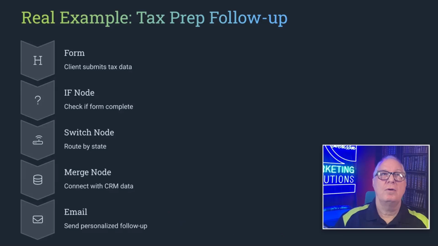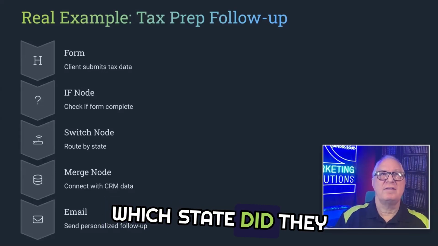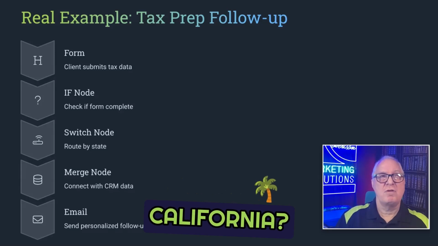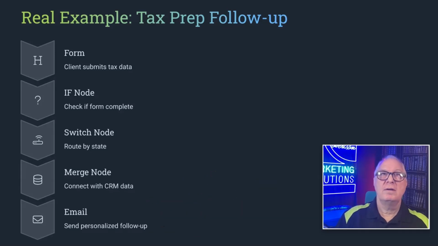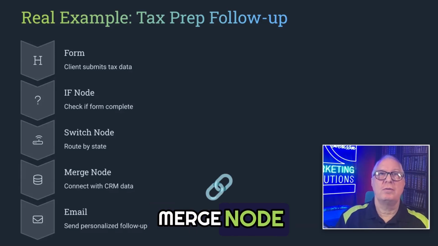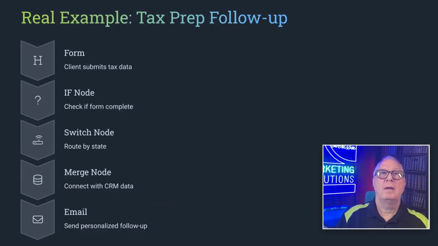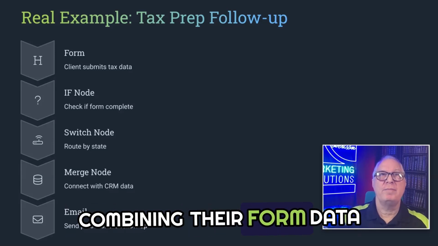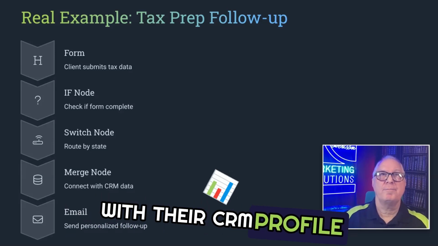If they did, we move to a switch node. Which state did they select? California? New York? Texas? From there, we bring in a merge node, combining their form data with their CRM profile.